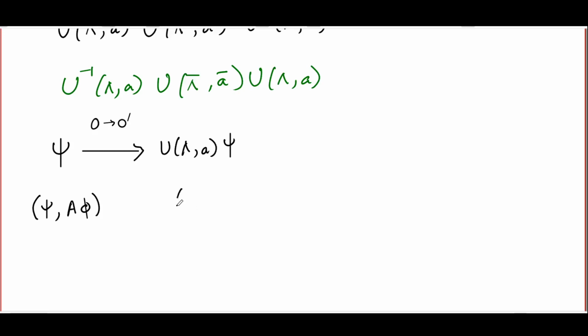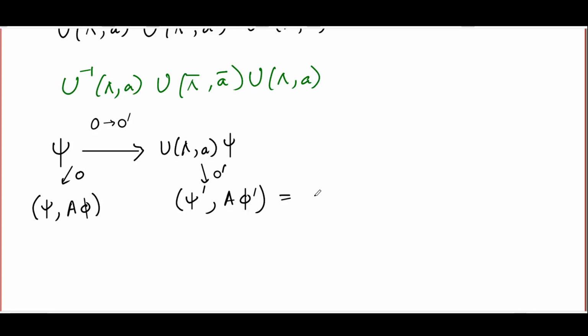O prime would be using his or her version of psi, not psi, but U lambda A acting on psi, let's call that psi prime. The same operator, but a different phi prime which is U lambda A acting on phi. So this is what O prime would use. This is what O would use. O prime's version is this.